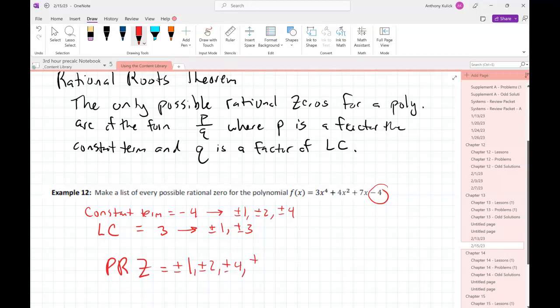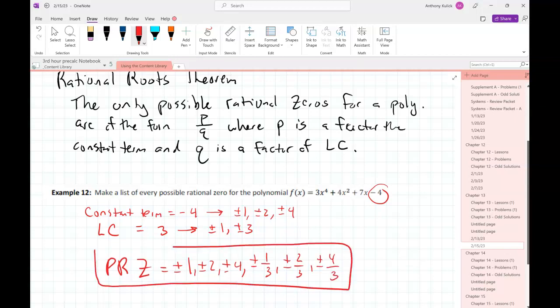And then I'd have plus or minus 1 divided by 3, plus or minus 2 divided by 3, and then plus or minus 4 divided by 3. So that's the total list of possible rational zeros. Everybody okay there? You remember doing this last year maybe? You do this a lot. So this is one that you should remember.